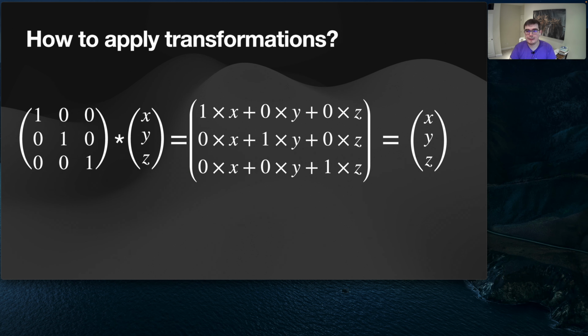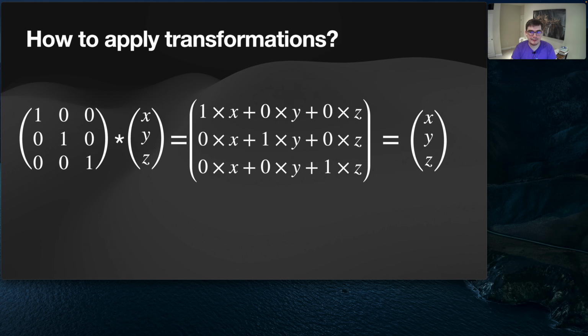So if we resolve those equations, then we just get new point coordinates, which in our case are just x, y, z, so they're exactly the same. And that's no surprise, because the matrix that we use to describe transformations is a so-called identity matrix. This matrix just means: don't do any transformations and just leave everything as is.